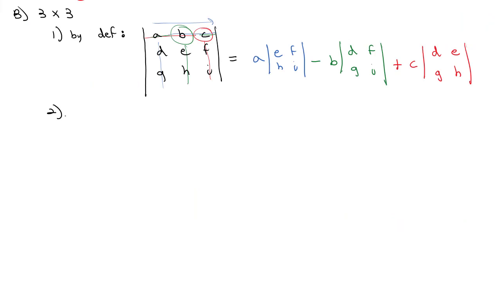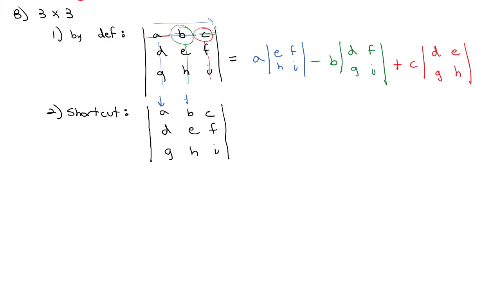But 3 by 3 determinants specifically have a nice little shortcut that we're going to use to our advantage. We're going to do the same A, B, C, D, E, F, G, H, I 3 by 3 determinant. Here's how the shortcut works.